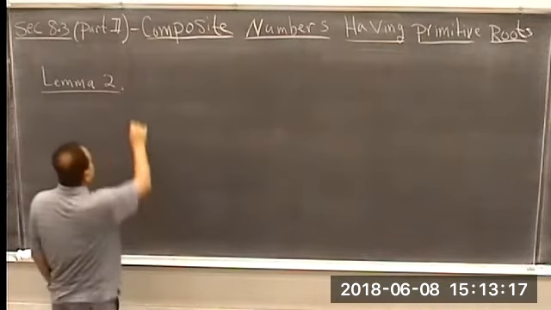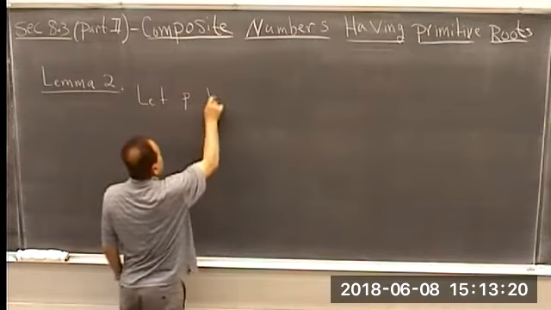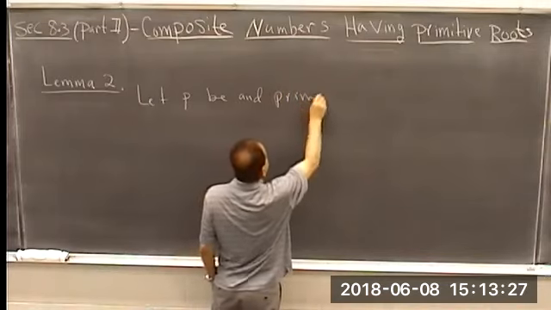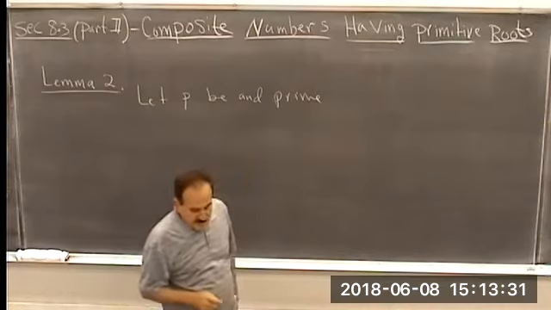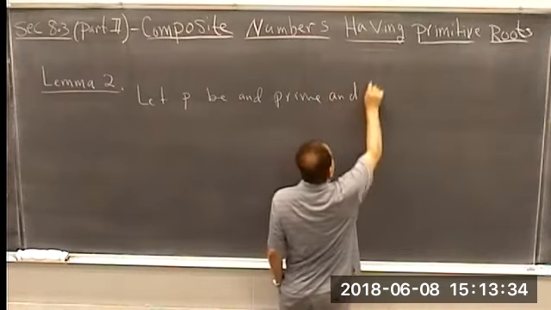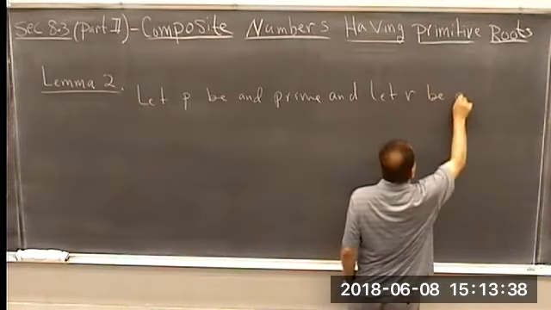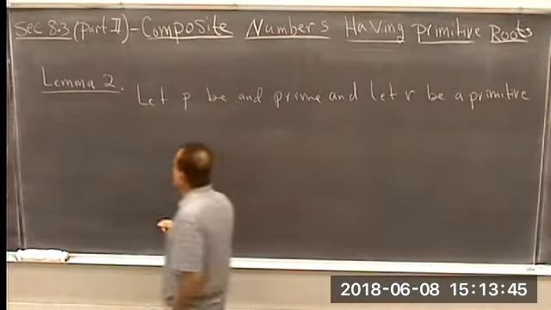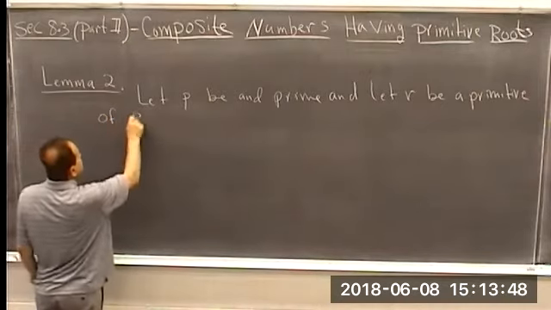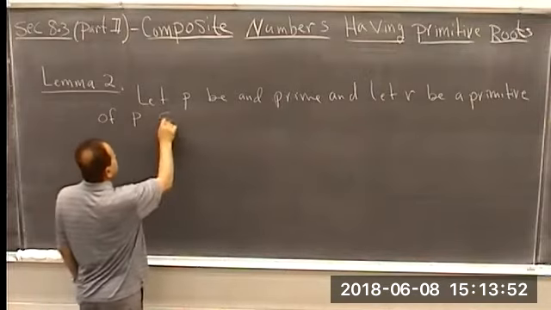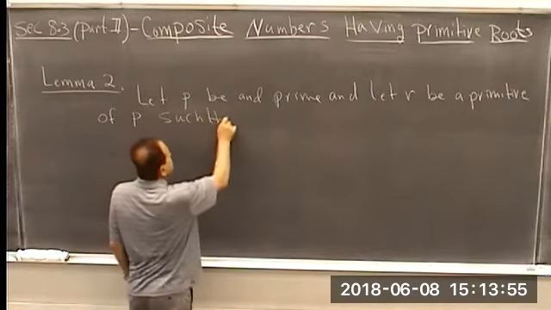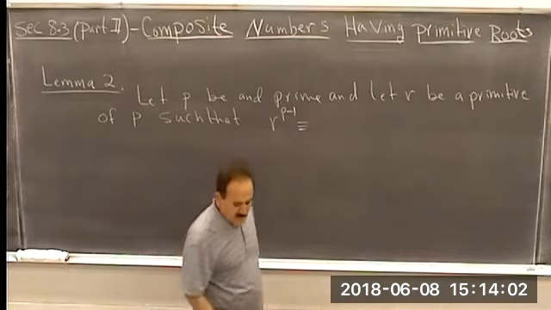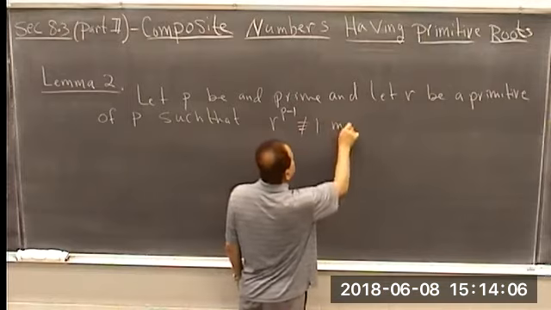Again, in here we're going to let p be an odd prime, and we're going to let r be a primitive root of p that satisfies this condition, such that r to the p minus 1 is not congruent to 1 mod p squared.